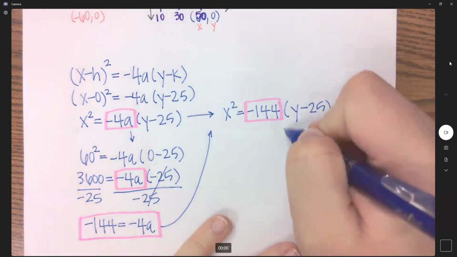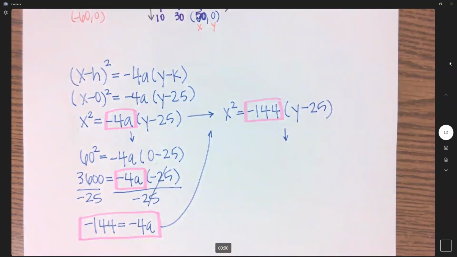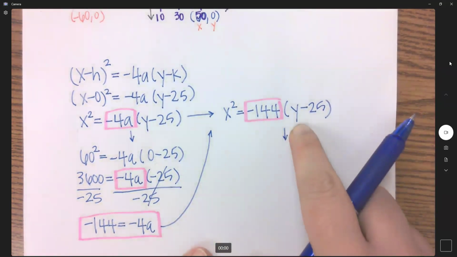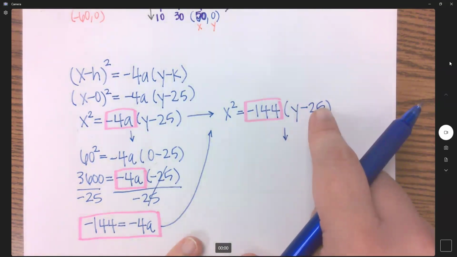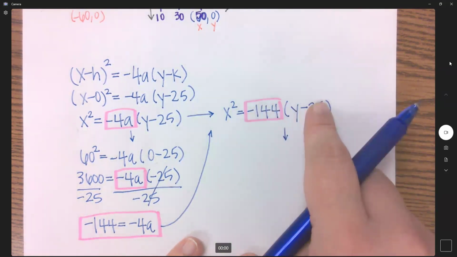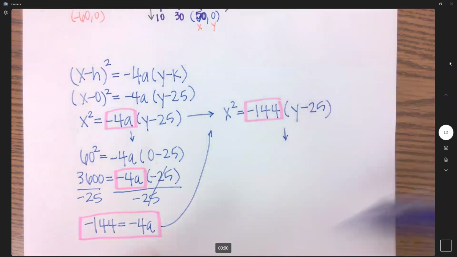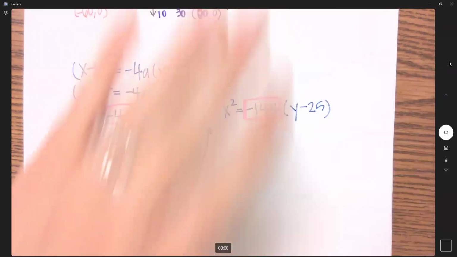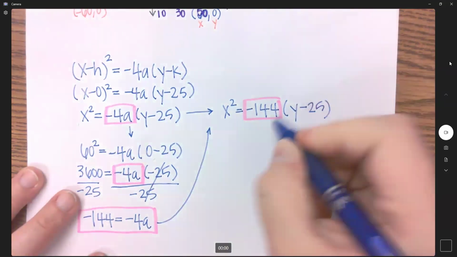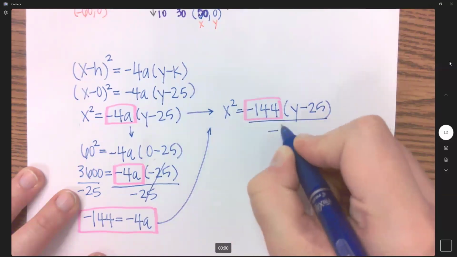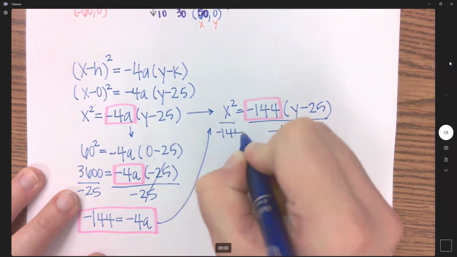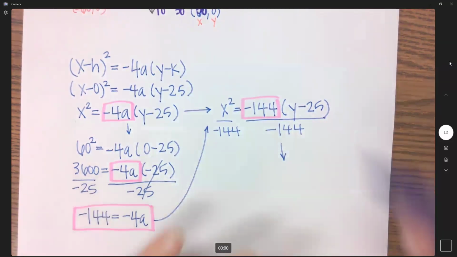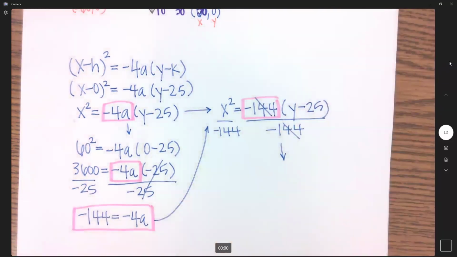So if I continue on working this problem, to get y by itself, we could distribute in that negative 144. But the opposite of distributive property is to divide. So I'm going to divide this side by negative 144 and divide this side by negative 144. So those cancel.